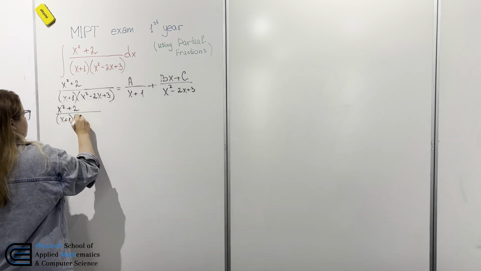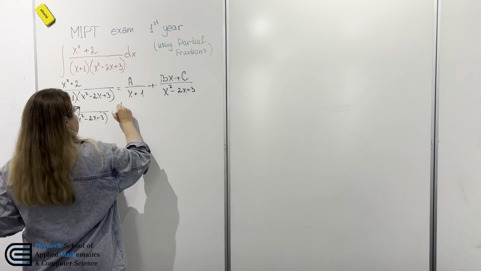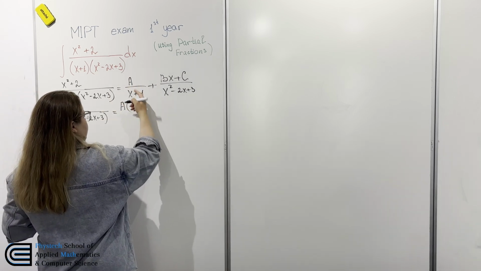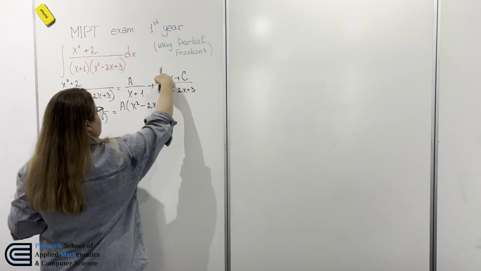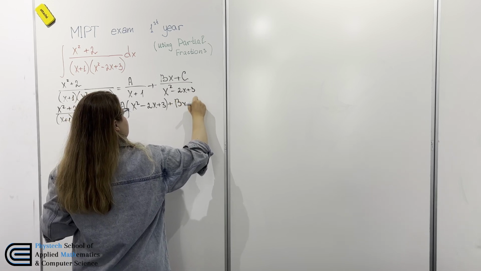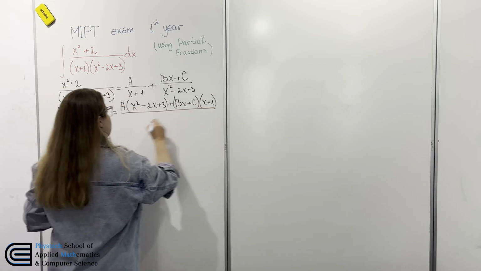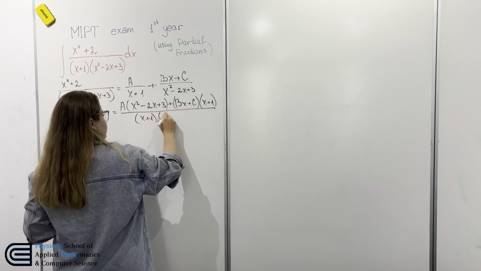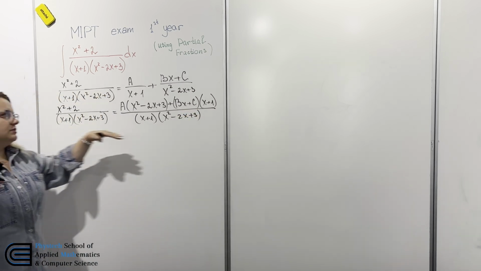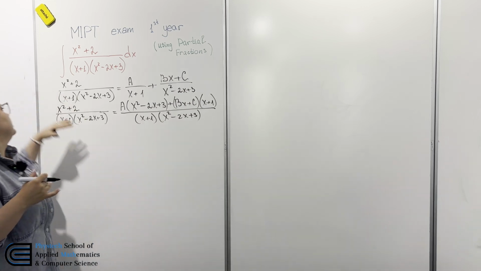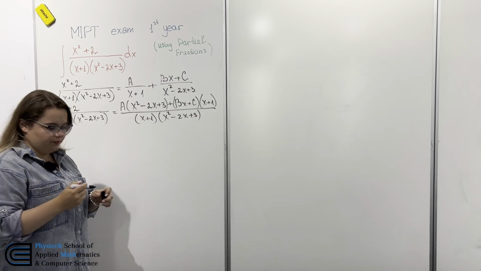I rewrite this line, and then we can see that we need to multiply our A by x squared minus 2x plus 3, and we need to multiply this numerator Bx plus C by x plus 1. Of course, I should write the denominator here, and we can see that this denominator and this denominator are equal, so that means that this part and this part are equal.